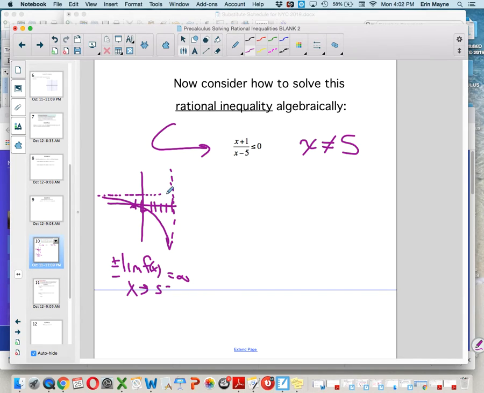Obviously, I'm saying this super fast, putting together all the things we've talked about with regards to the graphing of a rational function. Because this is an expression with a factor that is raised to an odd power, based on everything we talked about Monday, we know the behavior on the other side of the asymptote is the opposite. So what we're looking for is, where is this expression less than or equal to 0?